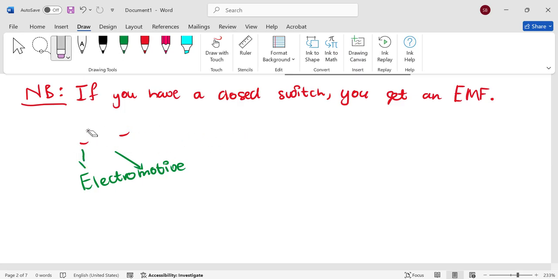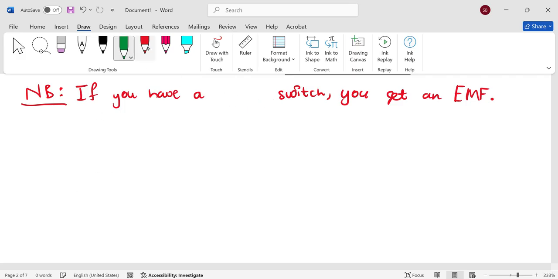So when you have an open switch, sorry, why did I say closed? I meant open. When you have an open switch, what does that tell you? It basically tells you that no current is flowing at that particular moment in time. So this is true only for an open switch.